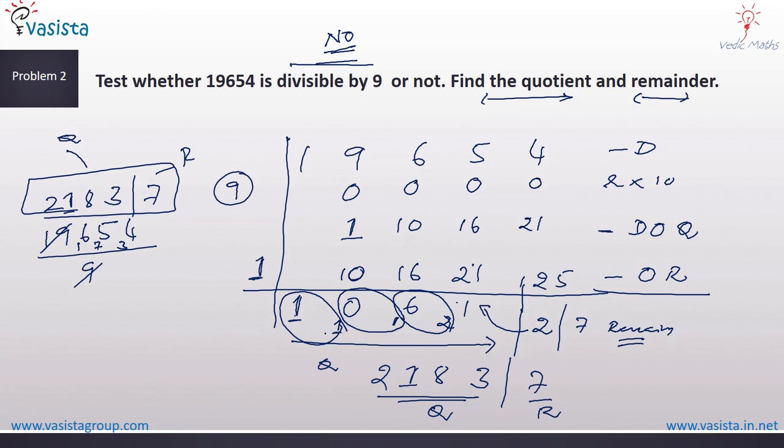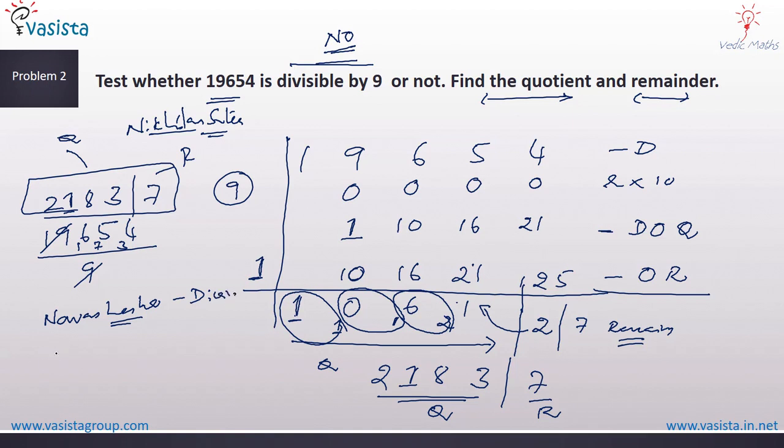Here, if it is 9, you can work directly with the normal method, and the Nikilam Sutra you can apply easily. You can apply Nikilam Sutra to find the quotient and remainder, and for divisibility you can apply Navashesha.